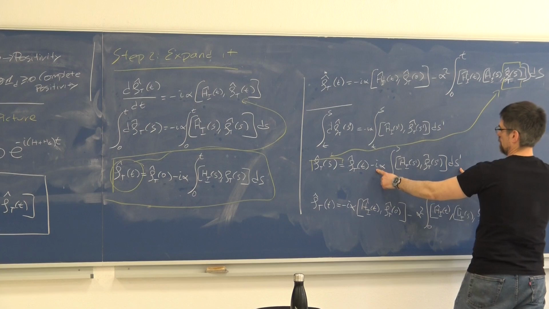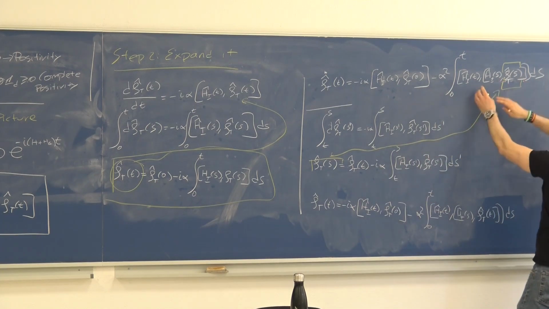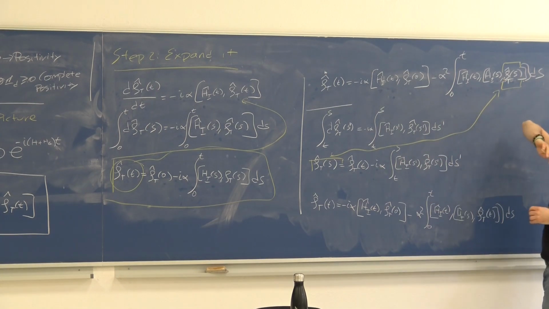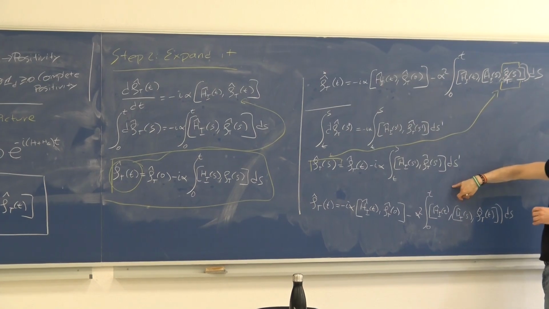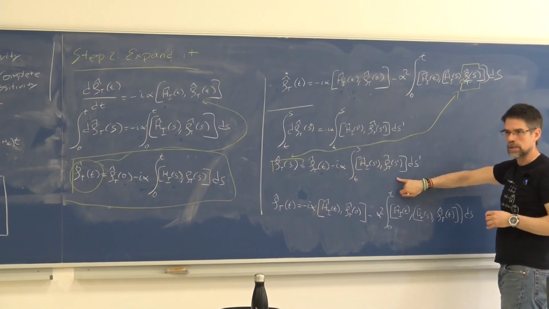And now this part goes here and gives me a very big double integration in s and in s prime with this commutator and this commutator.